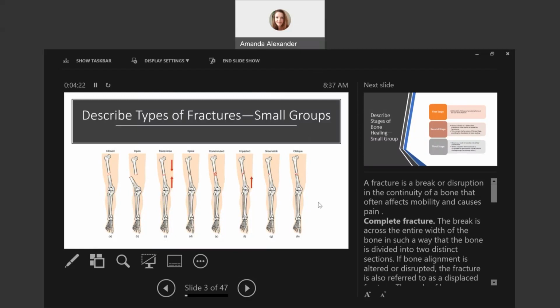A closed fracture is a fracture where the skin over the fracture area remains intact. A comminuted fracture, the bone is splintered or crushed, creating numerous fragments of the bone. A complete fracture is when the bone is separated completely into a break.